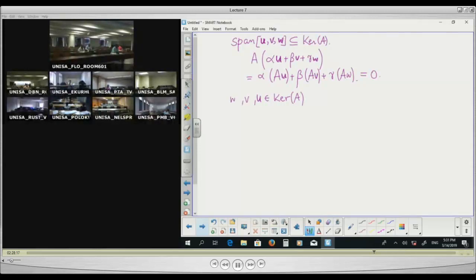But there must be another sentence to say that if I take any vector P from the kernel of A, then P is a linear combination of U, V and W. If I can prove this, then I will have that the span of U, V, W is nothing else but the kernel of A.